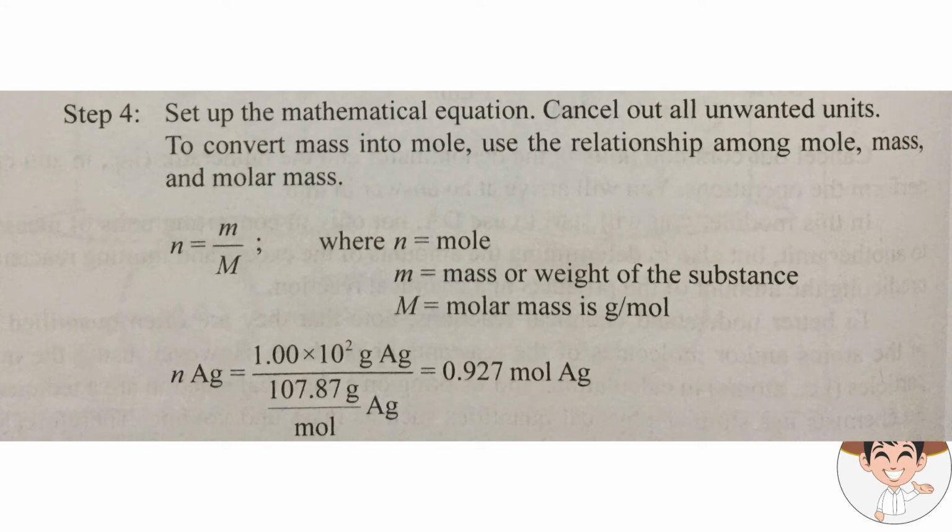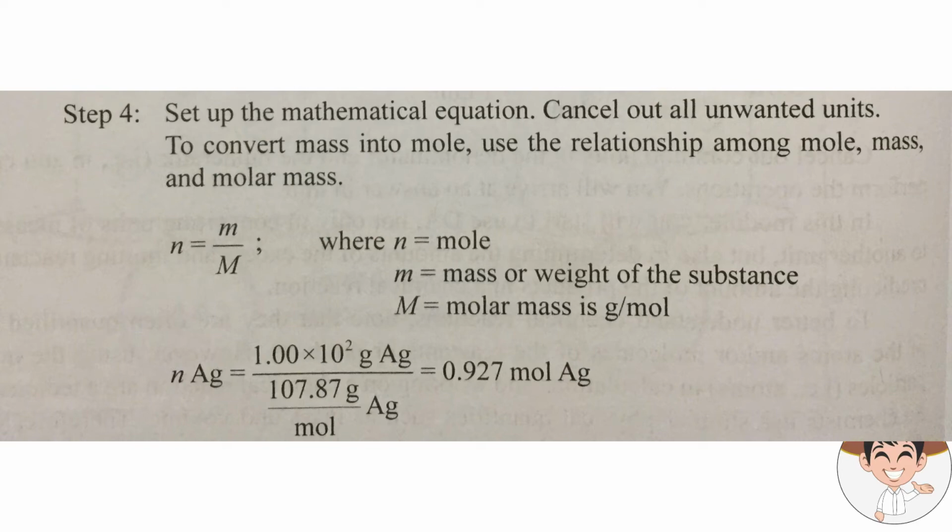Molar mass is simply the mass over mole. But since we are going to get the number of moles, that is what we will use: n equals small m over the molar mass.